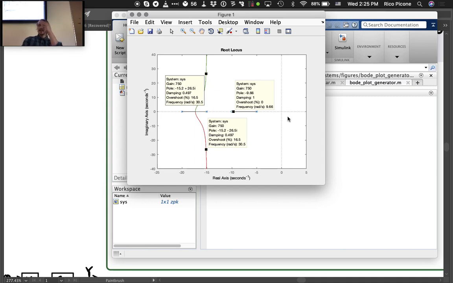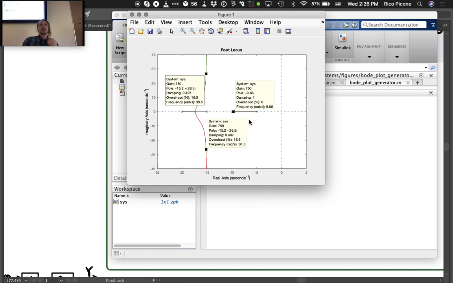We said our second order approximation rule of thumb was that you should not trust the second order approximation unless your other poles and zeros are at least 5 times further to the left. This one's even to the right, so it's the opposite of a good approximation. It's definitely a bad approximation, but that won't stop us from using it. It'll just make us extra cautious about trusting it, okay?